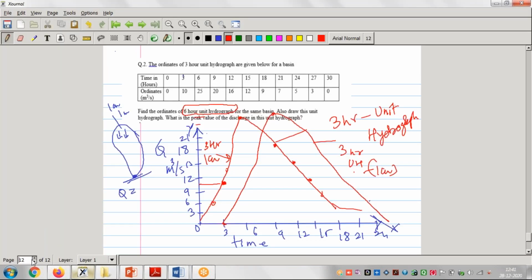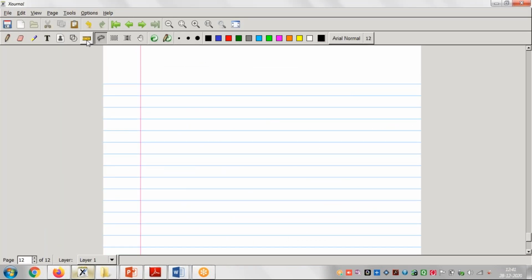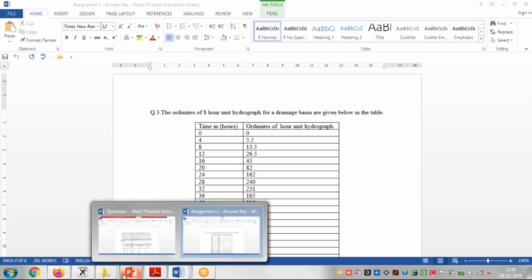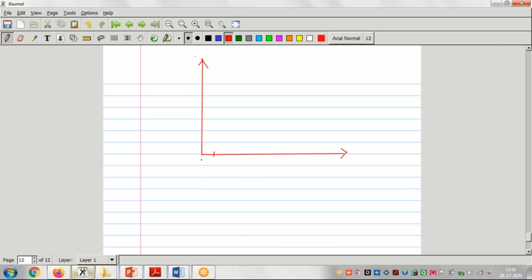See here, for example, some ordinates are given to you for the 8-hour unit hydrograph. The time interval is given as 0, 4, 8, 12, 16, likewise 20, 24, 28, and you go up to the last ordinate.